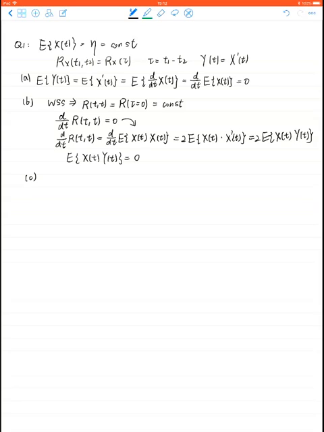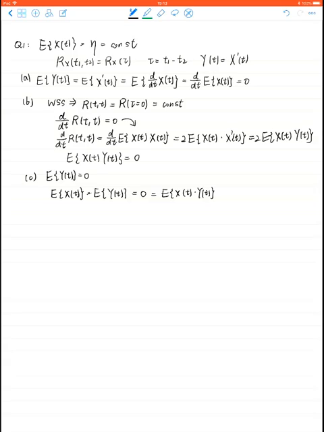Question C, we should find whether X(t) and Y(t) are uncorrelated. In the first question, we already know that the expectation of Y(t) equals 0. So no matter the expectation of X(t), the expectation of X(t) times the expectation of Y(t) simply equals 0, and that equals the expectation of X(t) times Y(t).